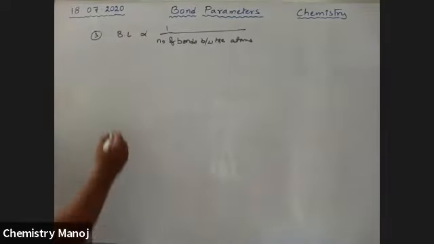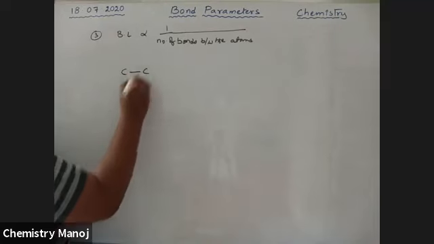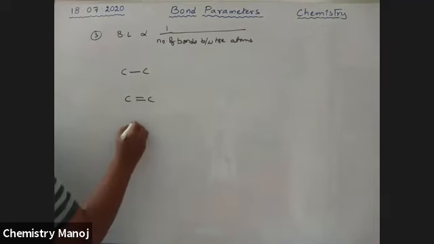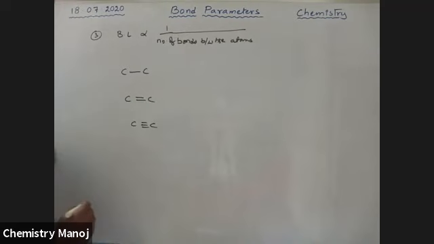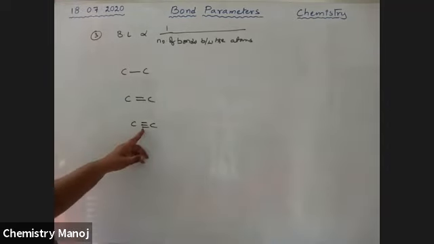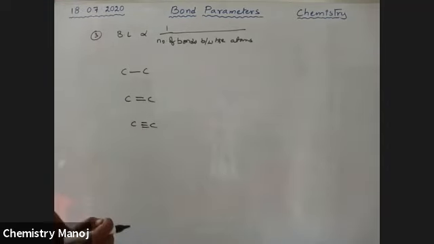See here, between carbon and carbon, there is a single bond, a double bond, and a triple bond. As the number of bonds between the atoms increases, attraction between those two atoms increases.